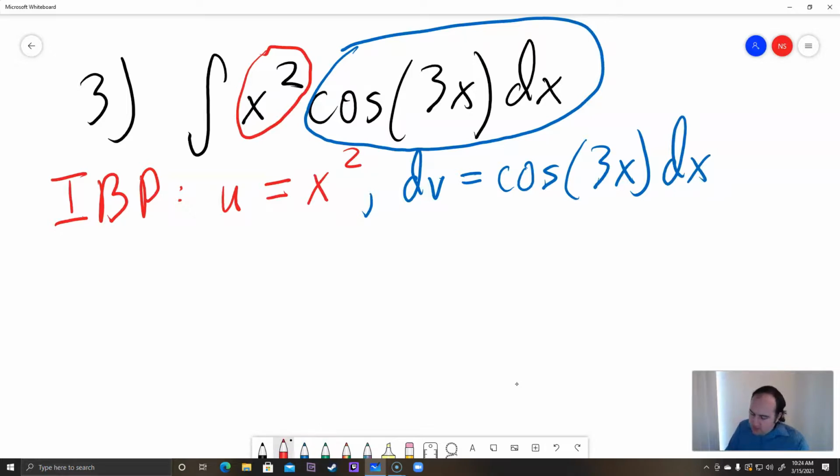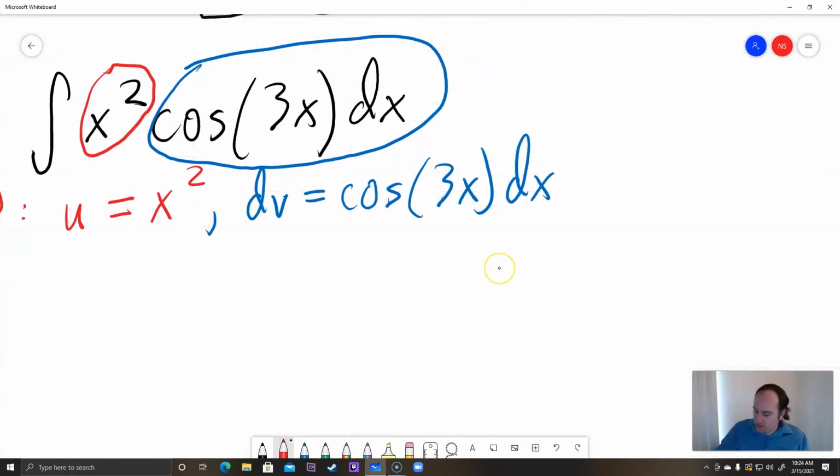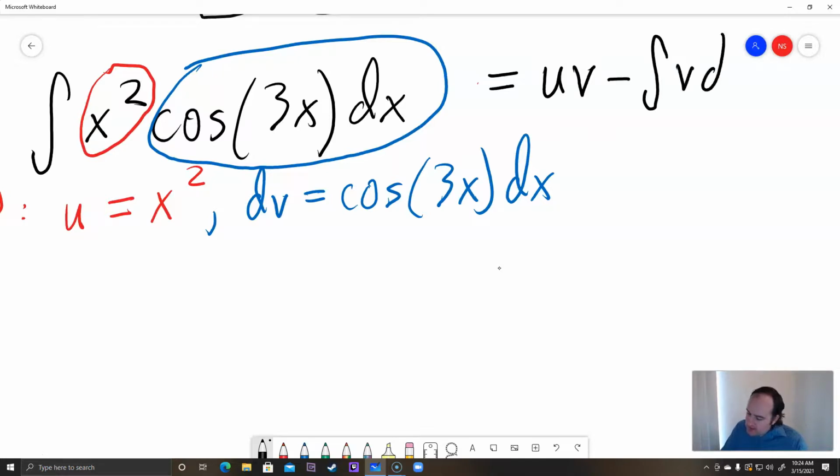So of course, to use the formula, it's still going to be the same formula, so it's going to be uv minus the integral of v du. So just like before, we need to calculate du by taking the derivative of the first equation.